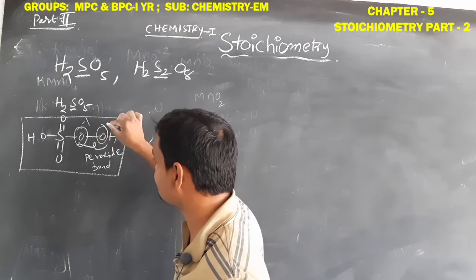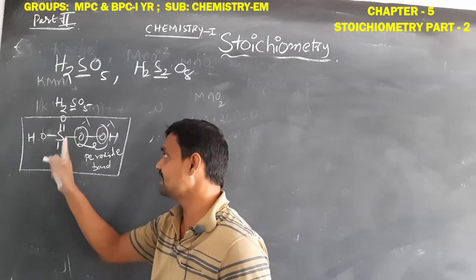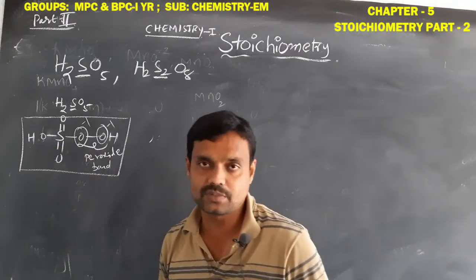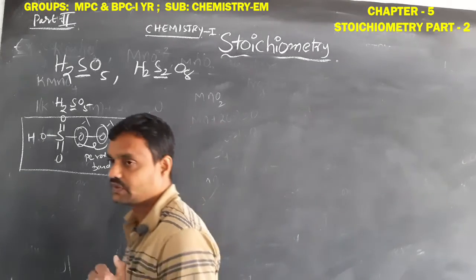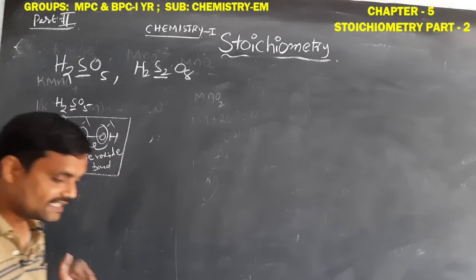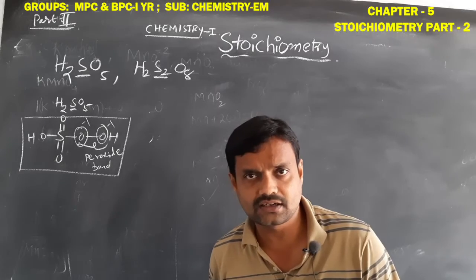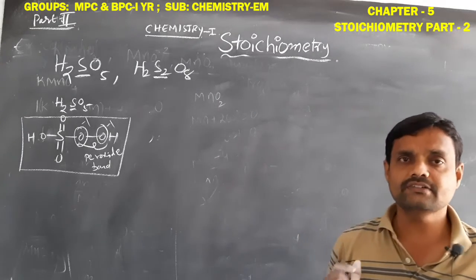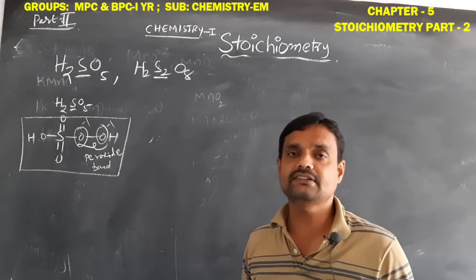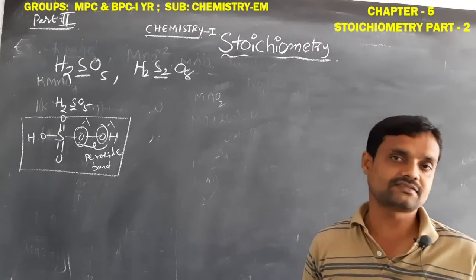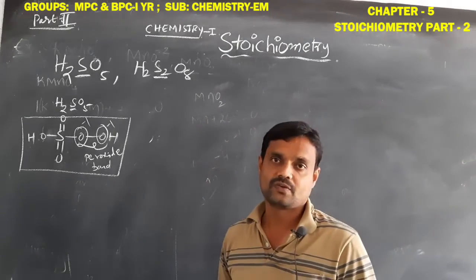This oxygen atom oxidation number is also minus 1. The remaining 3 oxygen atoms do not involve in the peroxide bond. So their oxidation number is the normal, that is minus 2. Okay, student. How can we identify if oxygen is involved in the peroxide bond or not? Only when we observe its geometry, its structure, then only we can find out whether the oxygen is involved in the normal covalent bond or peroxide bond. Okay, students.